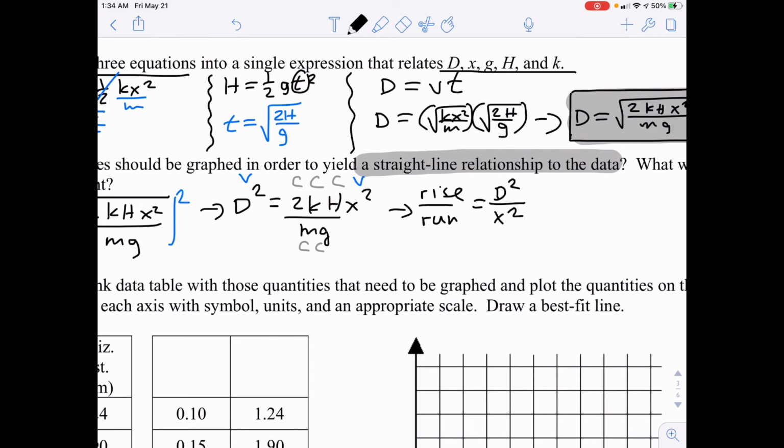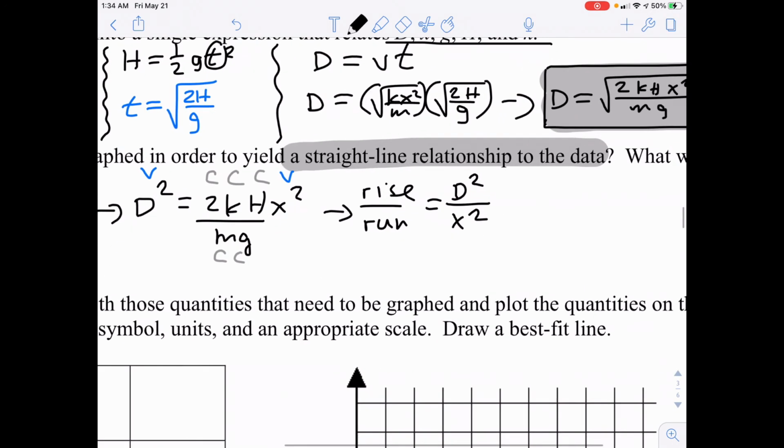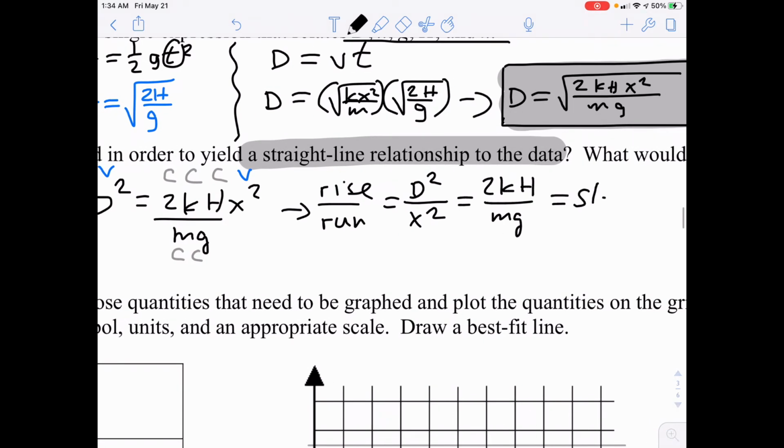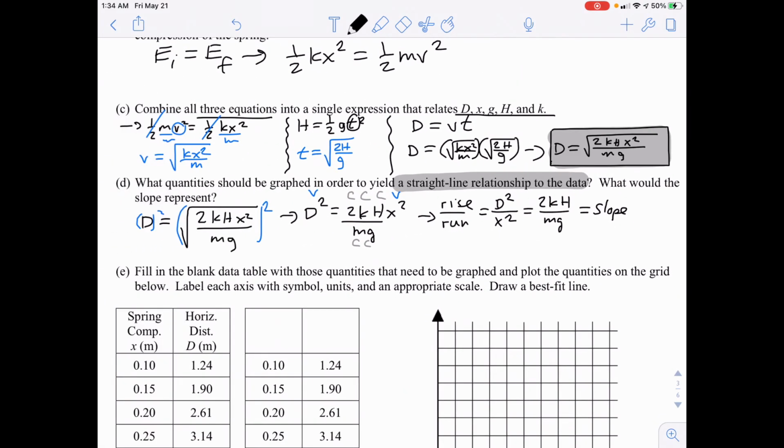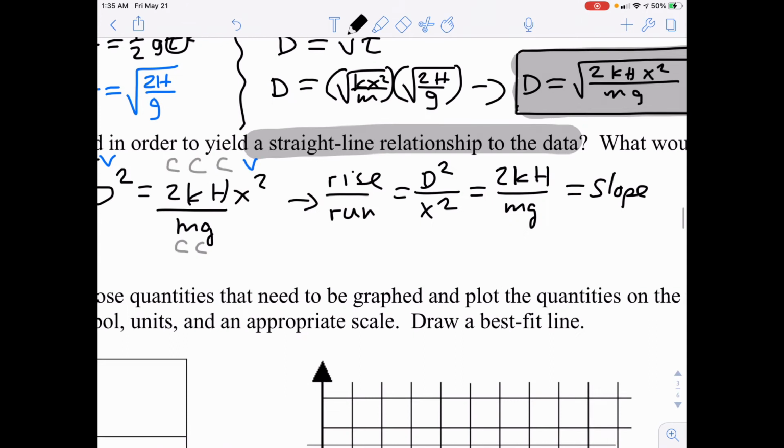So I divide x squared to the left side. And that is equal to 2 times k times h over mg. That, ladies and gentlemen, is what my slope will equal. So the question is asking what quantities need to be graphed: d squared versus x squared.